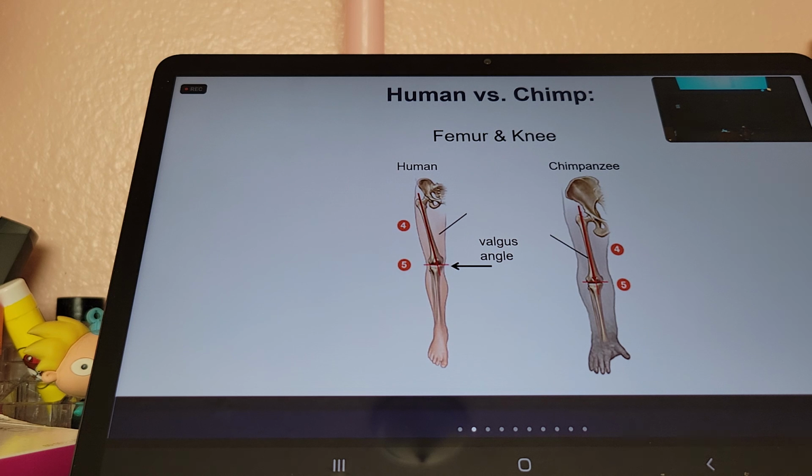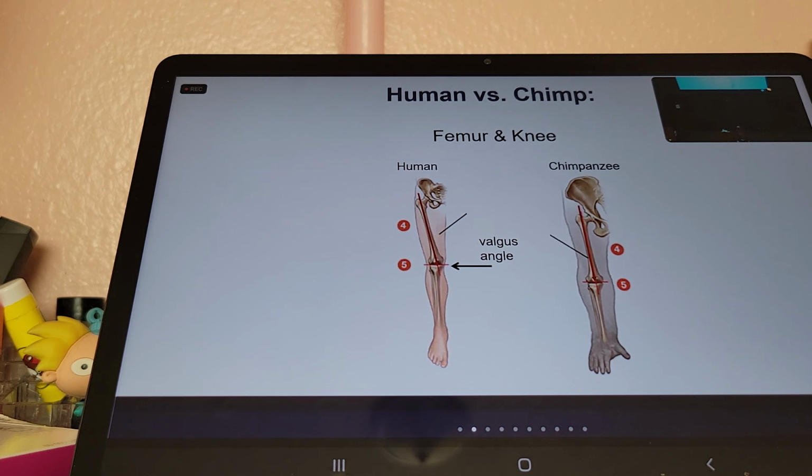And the key here is that when you're standing, right, remember that center of gravity is between your legs. So the femora angle medially towards the knee to help you maintain that center of gravity so that you can stay upright. This is a comfortable standing position. Chimps, gorillas, bonobos, when they get upright, because the femur drops straight down from the hips to the knee, they have this really wide-legged stance.